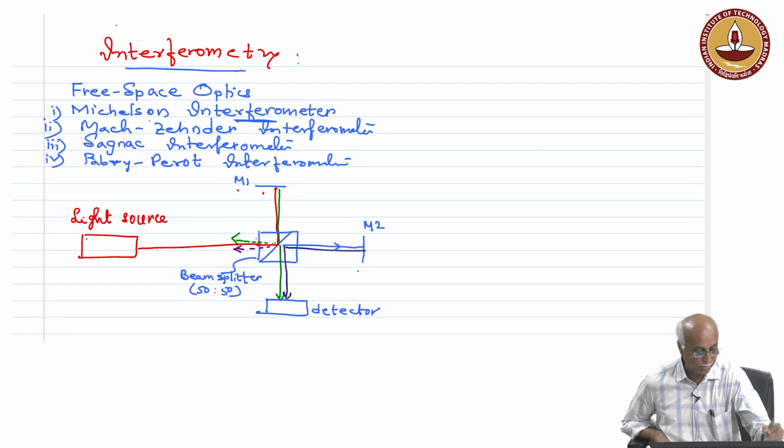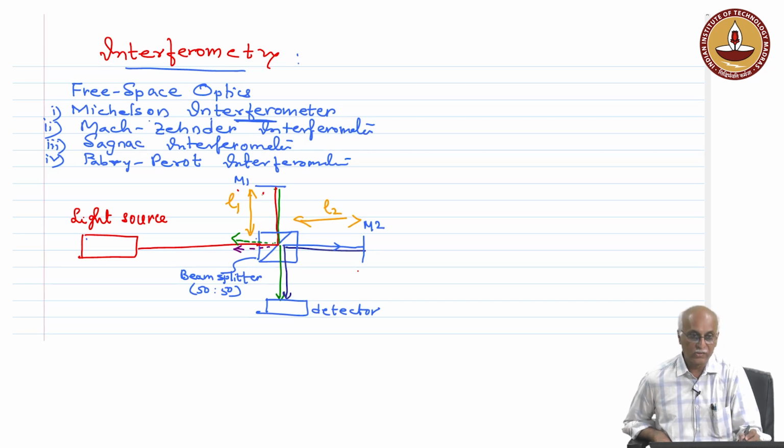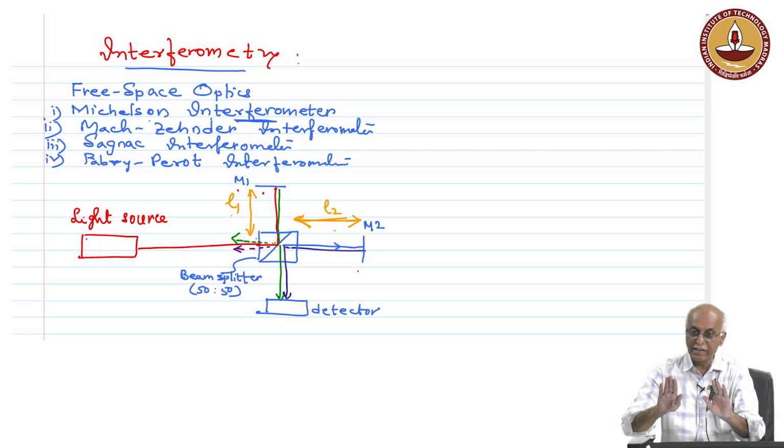So what we expect at the output detector end, if these two arm lengths, let's say L1 and L2, beam splitter to the mirror, are equal, then the light traveling in arm L1 and the light traveling in arm L2 are traveling an equal distance.